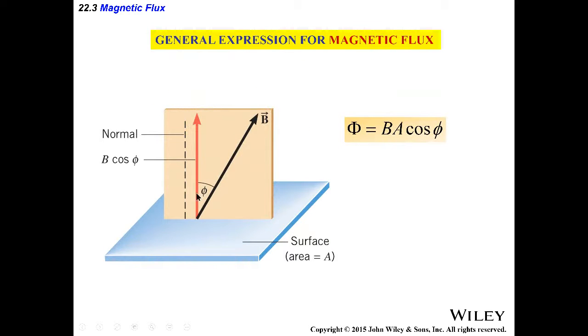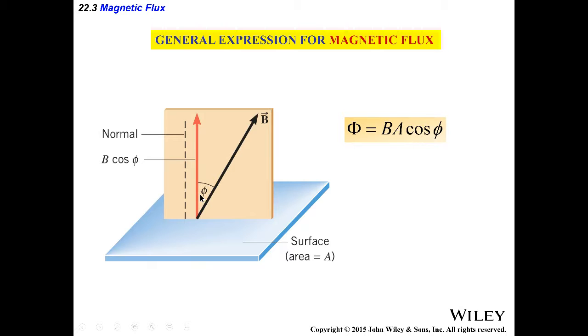If you have a surface of area A, the magnetic flux is what the mathematicians call the scalar product, B dot A. It's a vector because the surface has an orientation, and you call this orientation vector A. Then the magnetic flux is B dot A, or B times the area times cosine of this angle, because the component of the magnetic field in the direction of the normal to the surface is B cosine phi.